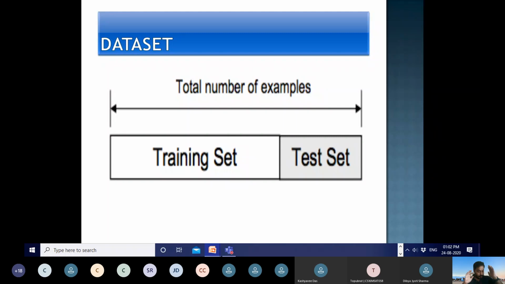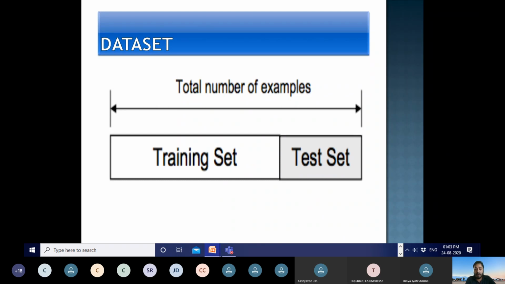You just do one thing: you divide it, suppose in the ratio 70:30, or 75:25, or 80:20. If you are dividing it into 80:20, then 80 belongs to training and 20 belongs to test.